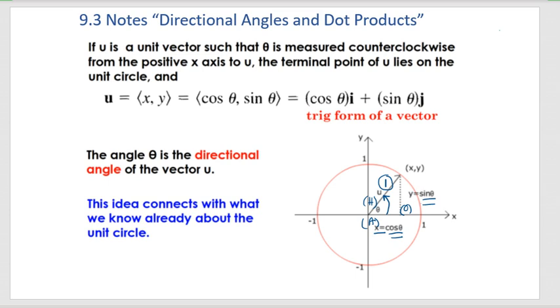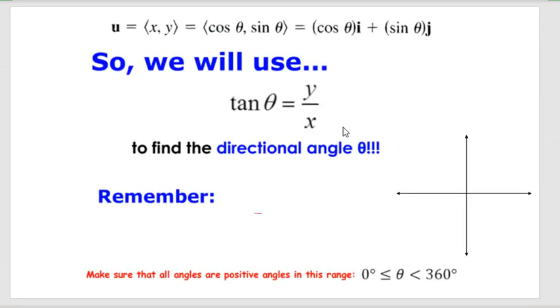So if x, y is the same as cosine, sine theta, then our trig form of a unit vector would be cosine theta i plus sine theta j.